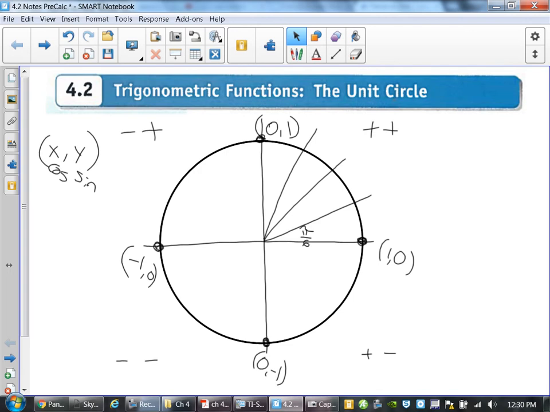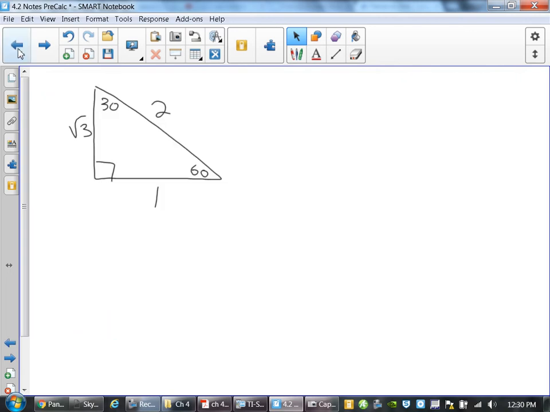So the X coordinate: I got to find the cosine of pi over 6, the cosine of 30. Cosine, SOHCAHTOA. Can you rewrite that? Because that's so confusing. That angle is not drawn to scale.